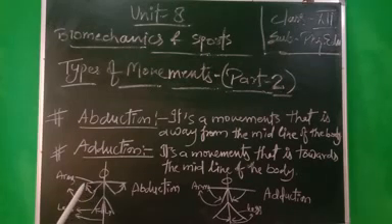In this position, we have to spread our arms like this. This is the condition of abduction, because this is the midline and the arms are going far away from the midline in this way.